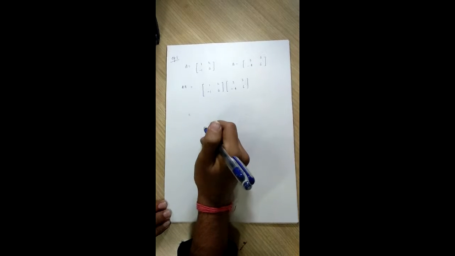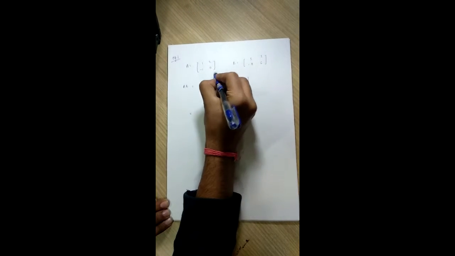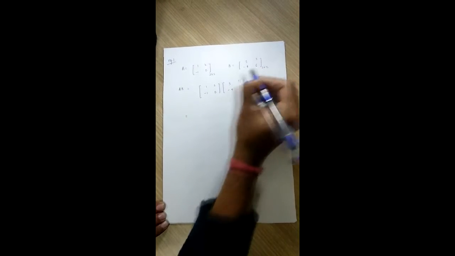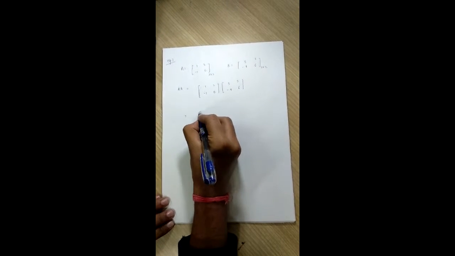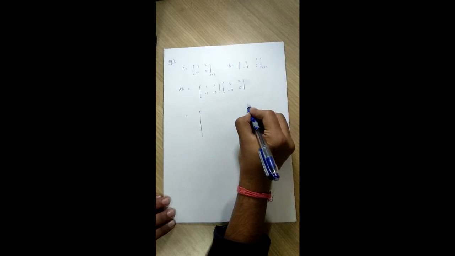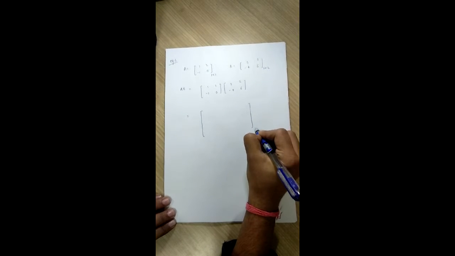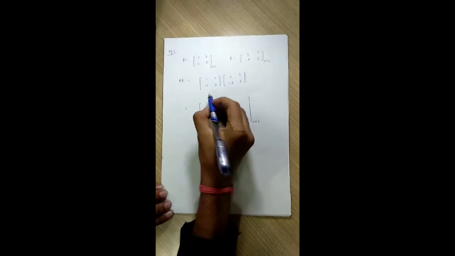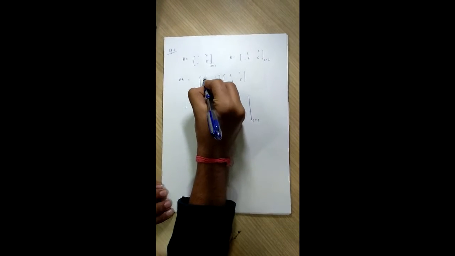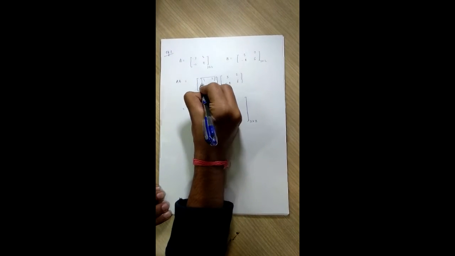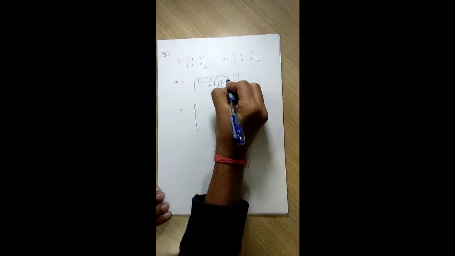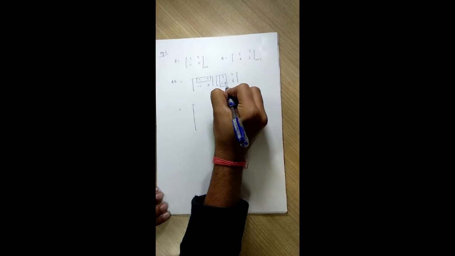As we know that this is a 2 by 2 matrix and this is also a 2 by 2 matrix, our resultant matrix will be of the size of 2 by 2.